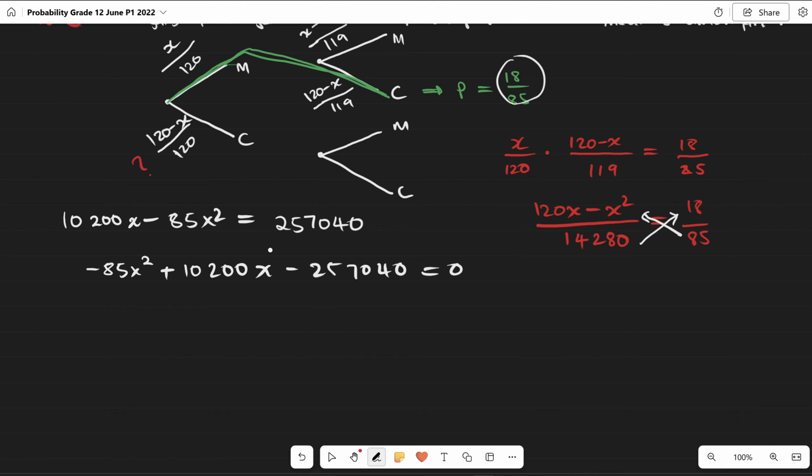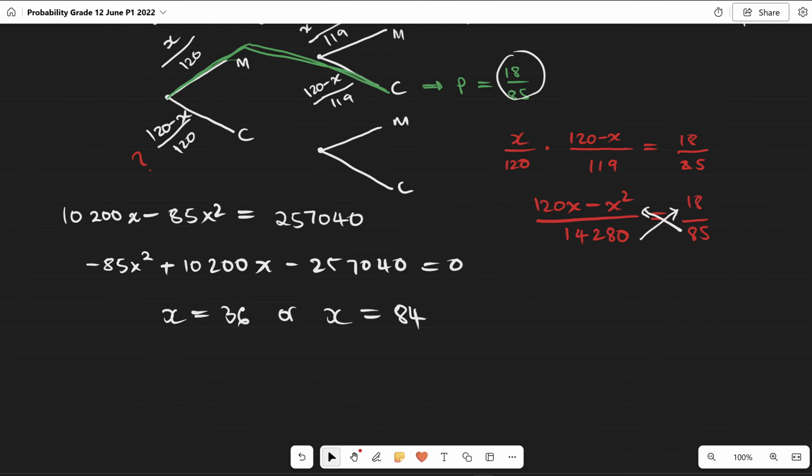You should find that x is equal to 36, or x is equal to 84. So these are your two x values.